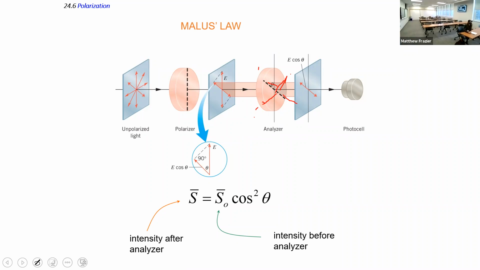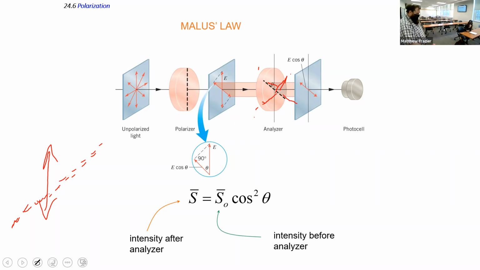Go back to this slide. When it goes to the first one, then it is up and down. But then the second polarizer is trying to select along a diagonal direction. So whatever gets through it will be a diagonal orientation, and the intensity will go as a cosine squared.